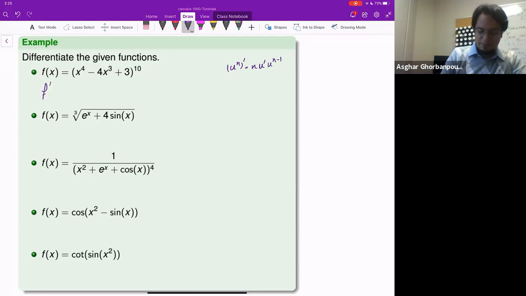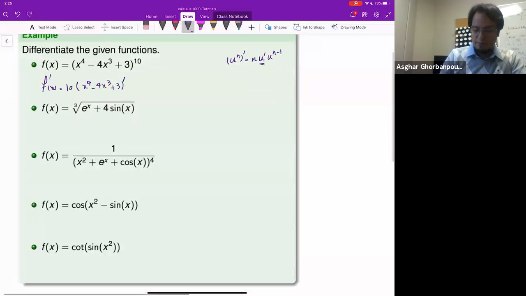In other words, f prime x is going to be n, here 10, times the function there, minus 4x cubed plus 3, times u prime, then u to the power 1 less.